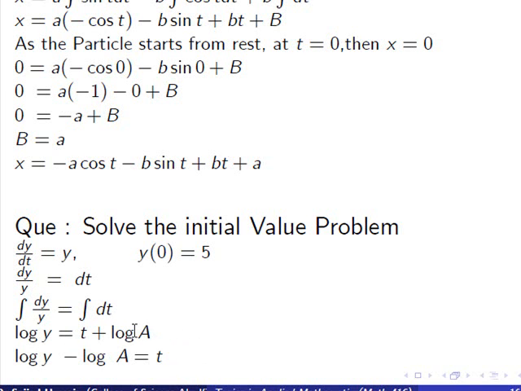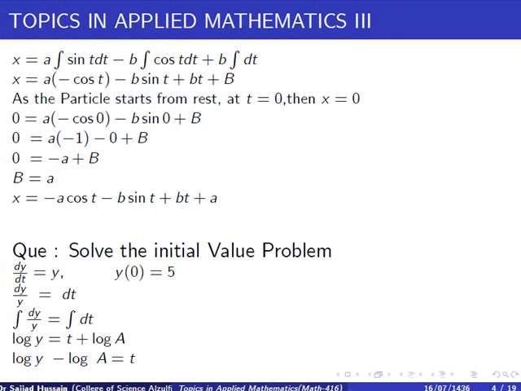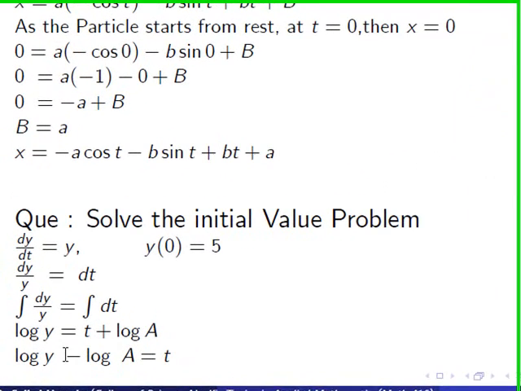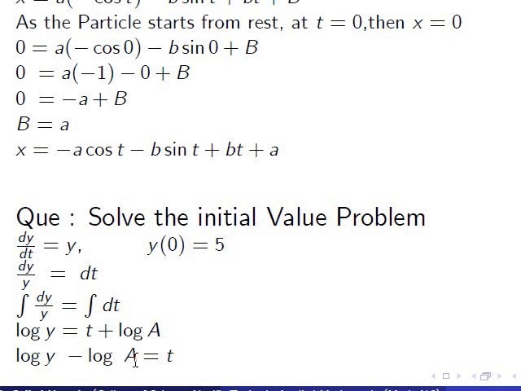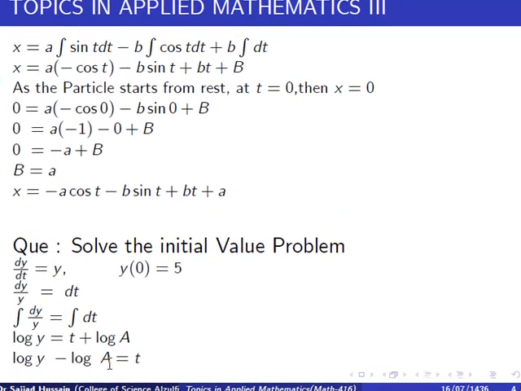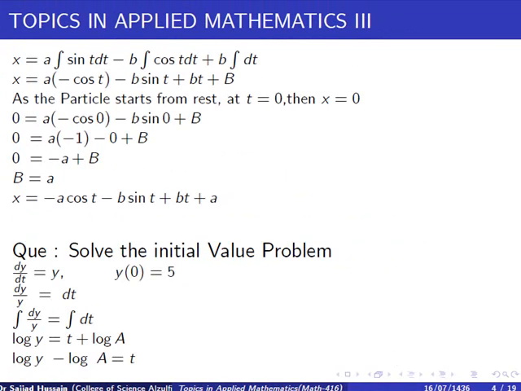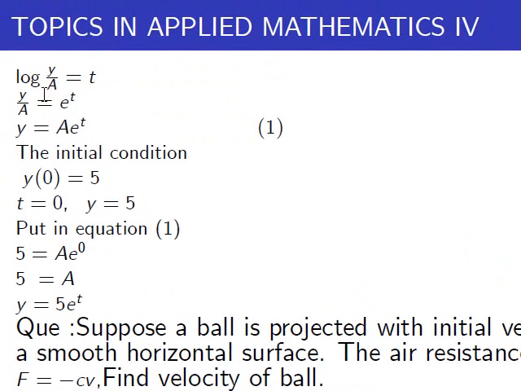We transfer log of A to the left hand side and we get log of y minus log of A is equal to t. Here we use the rule of logarithm: log y minus log A is equal to log of y divided by A is equal to t.